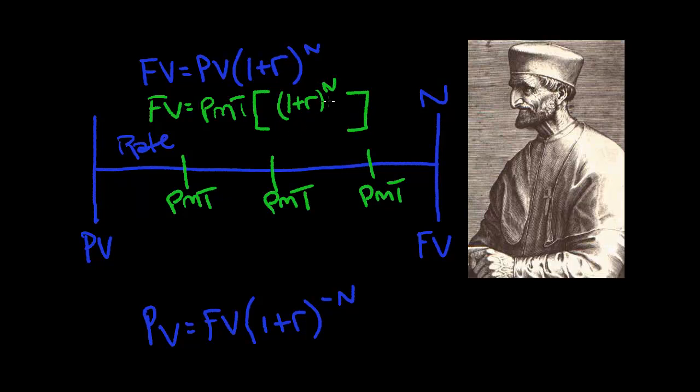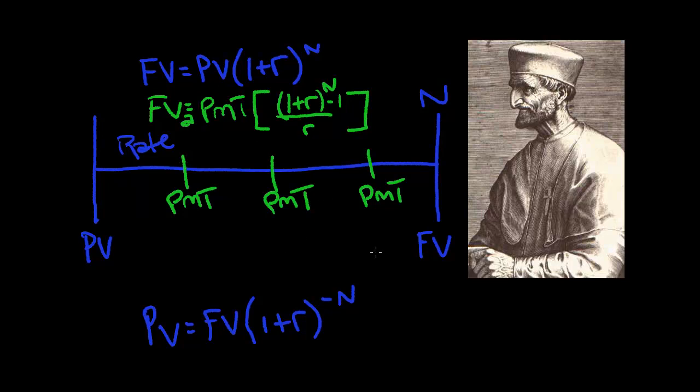The only difference now is that when I get that number, I subtract a 1 from it, and I divide the whole thing by R. Whatever that number is, I multiply by the payment. So for instance, that's $100, $100, and $100. The future value is going to be greater than $300. If I fill in this equation and multiply that by 100, I'll get my future value of an annuity.